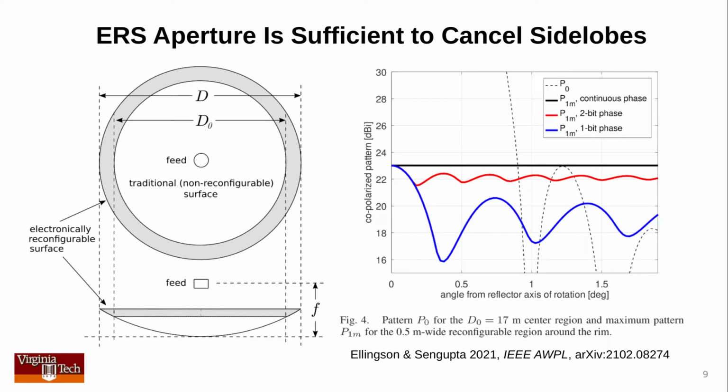Of course, if the element phases are quantized, then you lose some performance. The red line is what you get if you have 2-bit phase control, that is 4 phase states, and the blue line is what you get if you have 1-bit phase control, that is just 2 phase states, for example, 0 degrees and 180 degrees.